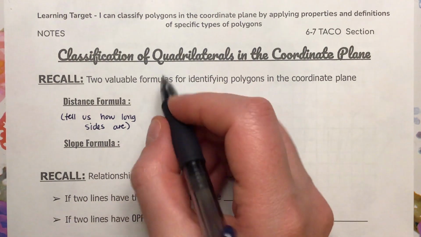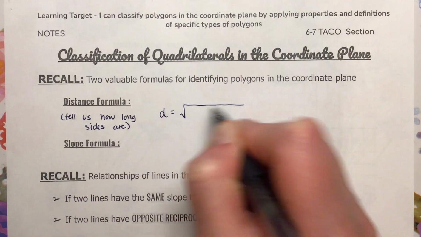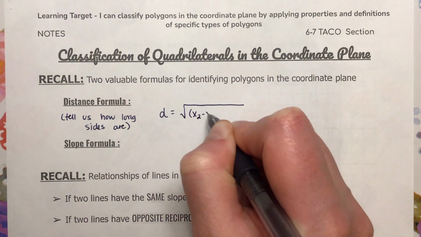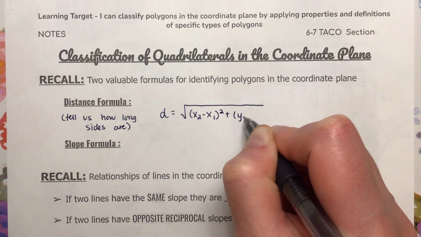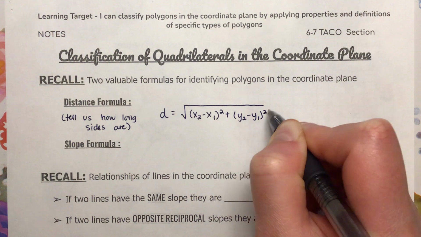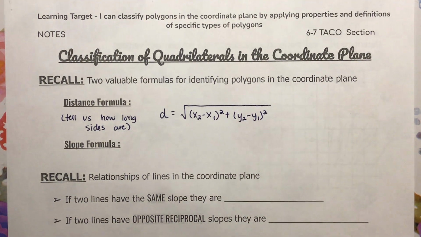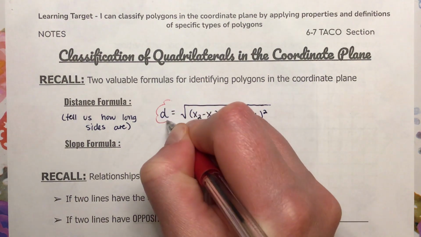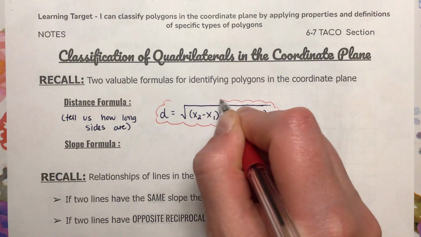So the distance formula is going to be the distance is equal to the square root of x2 minus x1 squared plus y2 minus y1 squared. And I am going to box that in because that is pretty important. You're going to use that distance formula over and over and over.